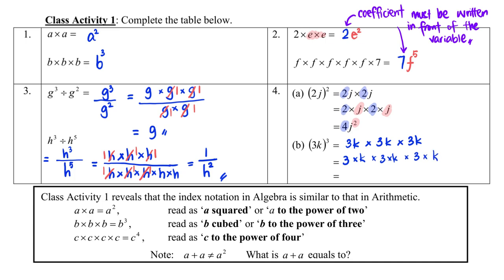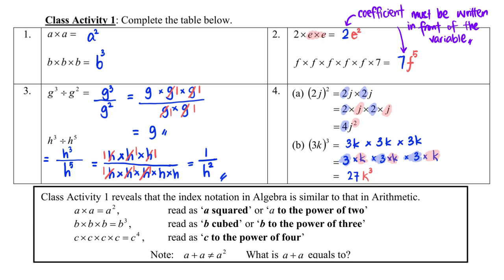So when I look at all the numbers, 3 times 3 times 3 will give me 27. k times k times k will give me k power 3.